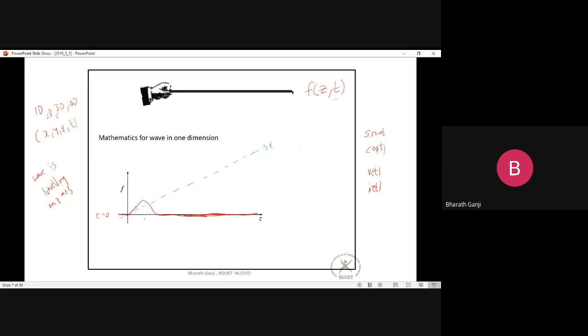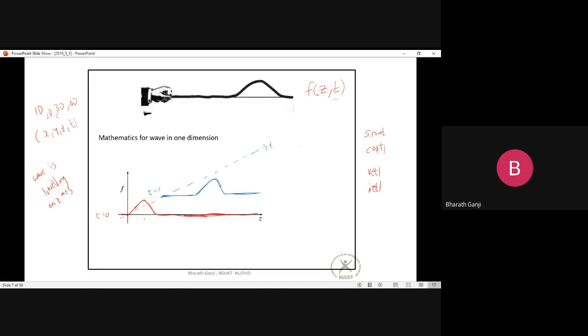And say at t equal to some 1 minute, the disturbance has propagated forward on the wire and the wire is now in this position.